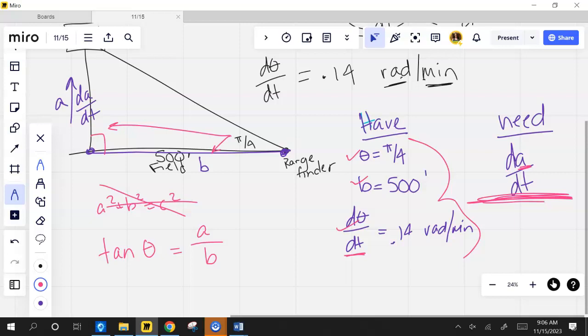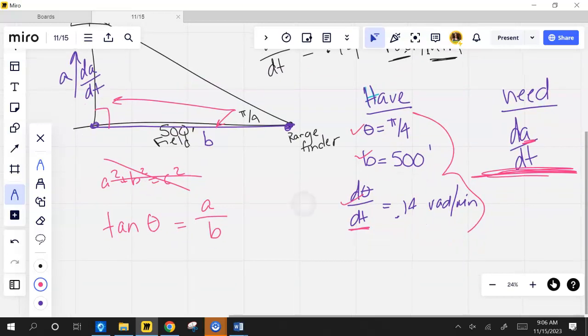Now, anything that's changing that's not a constant, I want to keep the variable in there for right now. But there is one constant in this equation, and what is it? B, 500, right? Where that range thing is sitting, he's not moving. Now, he's looking up, so theta's changing, right? But he's always going to be 500 from the base of liftoff. So I'm going to replace this B with 500.